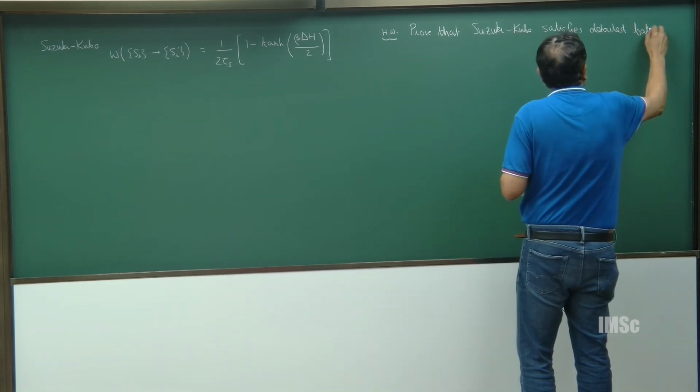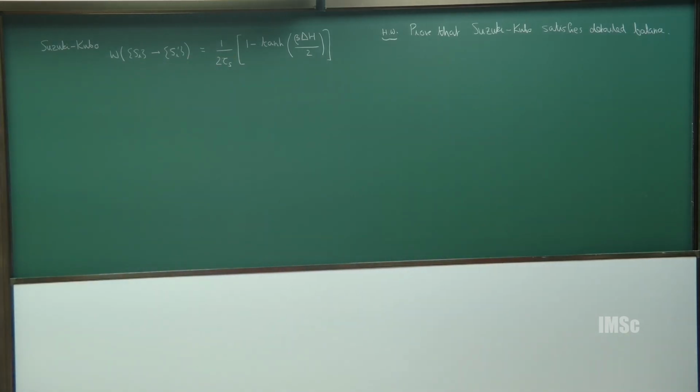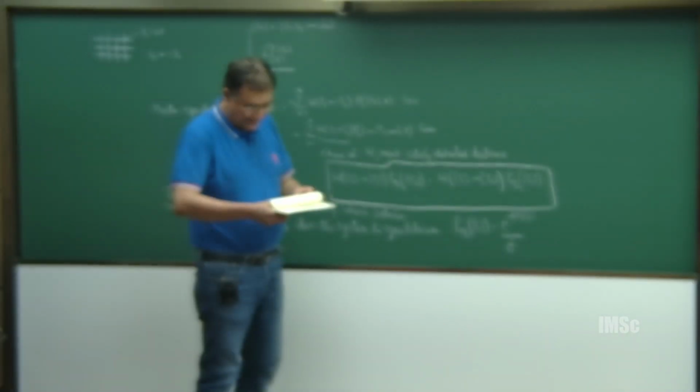If you are doing Monte Carlo simulations and using some other transition probability, say Metropolis or some such thing, please verify that those also satisfy detailed balance. It's just a few lines of calculation. You have to prove that that expression satisfies this. So just work out the left hand side and the right hand side.